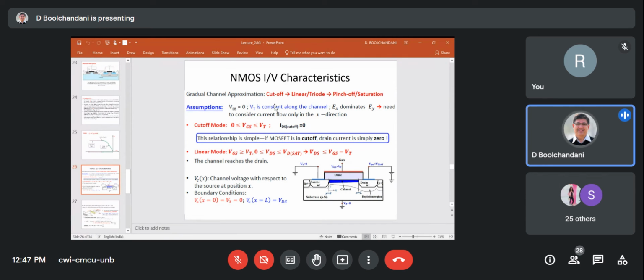For the IV characteristics of an NMOS transistor, we assume that the substrate is connected to the ground. That is, the source is connected to the ground, the substrate is also connected to the ground, so VSB is 0. If VSB is 0, VT is constant along the channel.